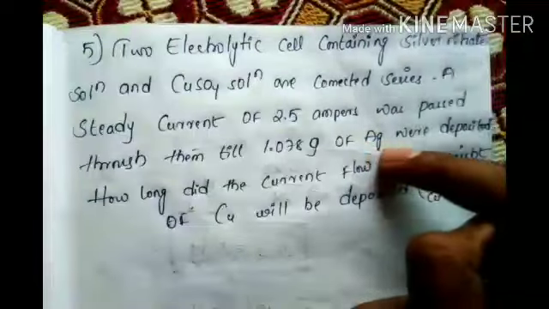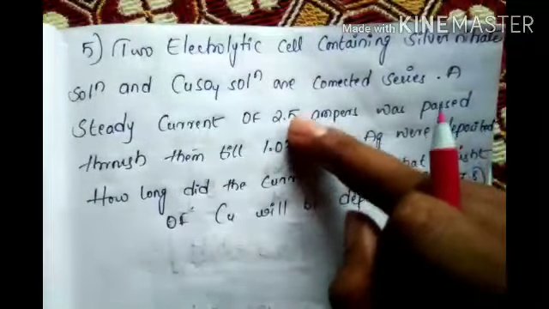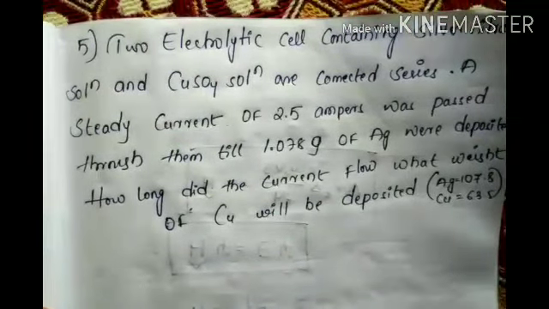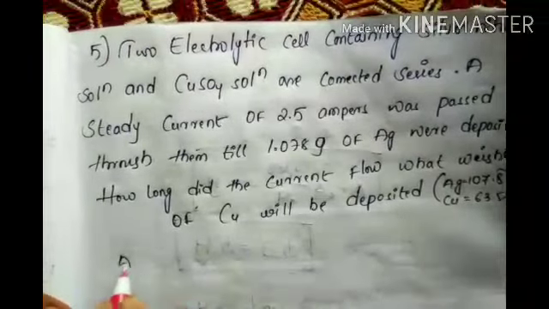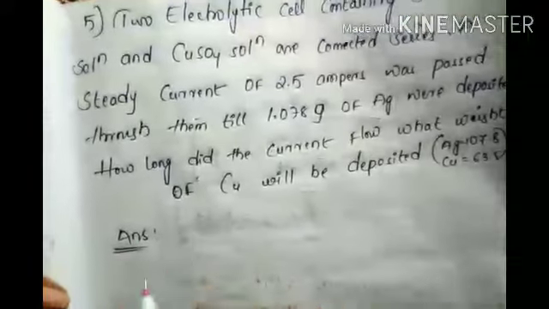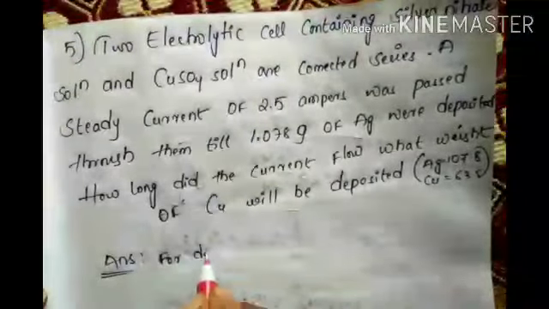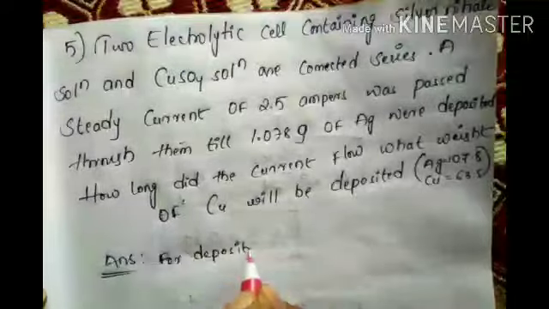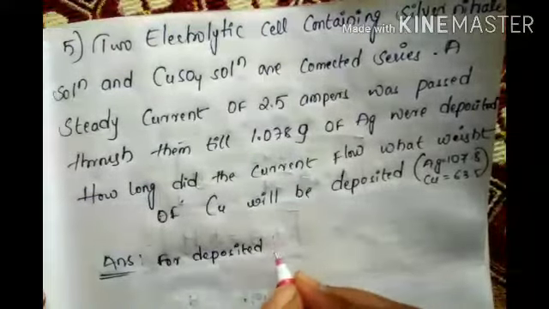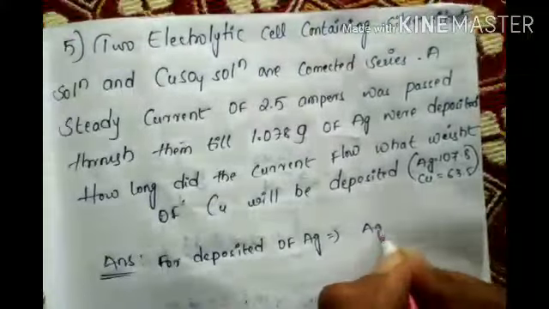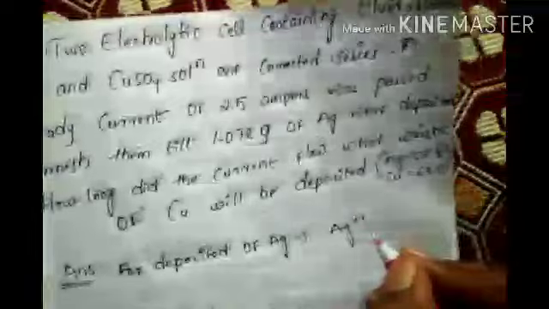First of all we have to do Ag, how much is deposited while passing this current for this time. Okay, slowly, take it. For deposition of Ag, the valence is 1, Ag+, so 1 electron is taken, and it becomes Ag.